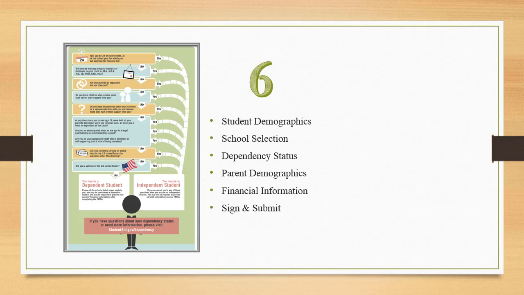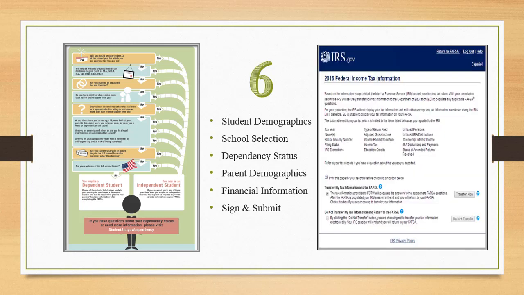Now the next section is most important. It is the financial information. In this section, you will need your tax information. If you are able, we highly recommend using the data retrieval tool. Using your FSA ID, a student and/or parent is able to link their tax information from the IRS website directly to the FAFSA.